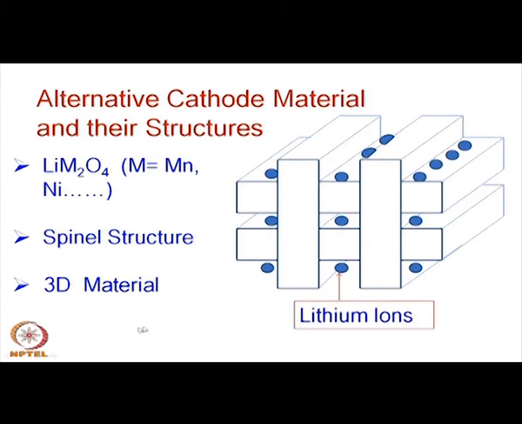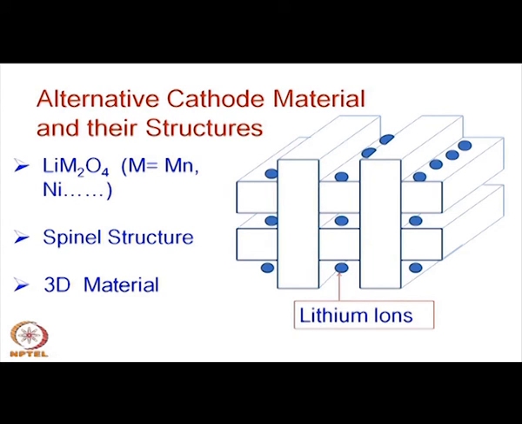Of course, as per requirement there has to be the property of intercalation. The materials must be able to intercalate lithium ions. So, structurally there must be enough voids or enough sites where lithium ion can go and sit. So, this is another type of oxide structure. This is LiM2O4, M is again manganese and nickel. So, this is not a purely layered structure.